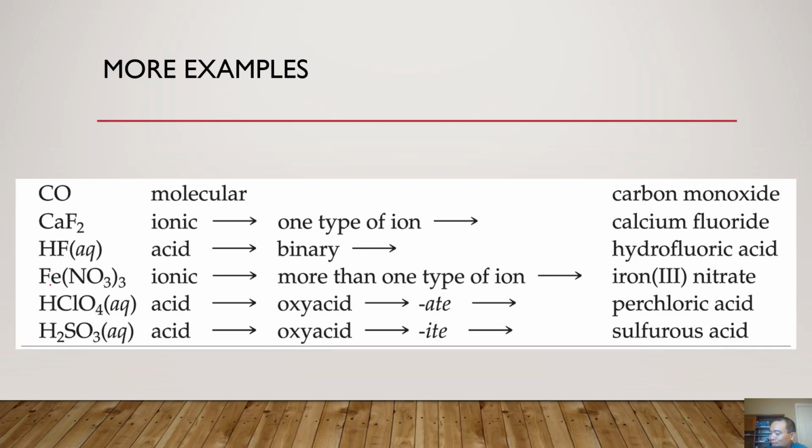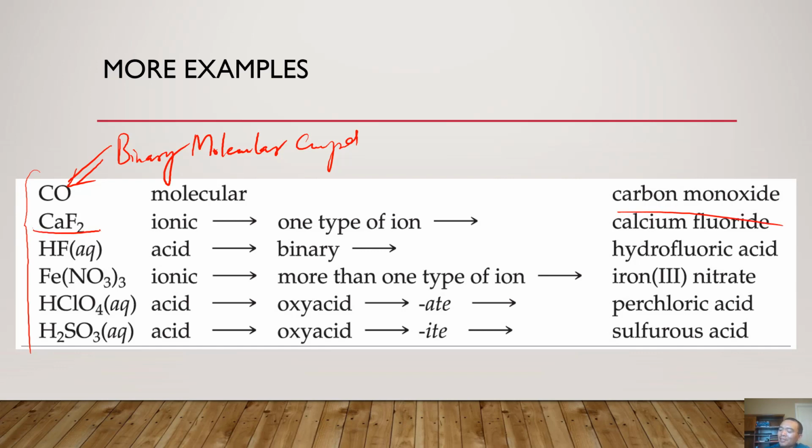So this next slide actually tells you a few more examples, which has all kinds of examples. This one, what is that? Oh, you first have to determine the type of compound. Oh, this is a binary molecular compound. Oh, you go by the binary four-step procedure. Okay, so that's why it's called carbon monoxide. The second one, oh, it's metal plus non-metal.